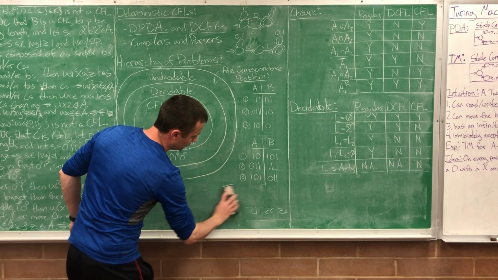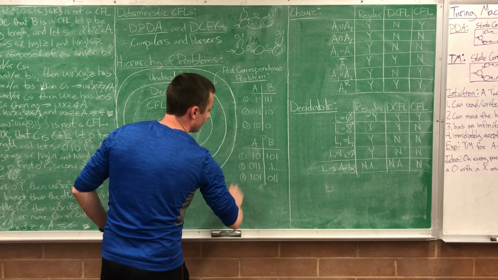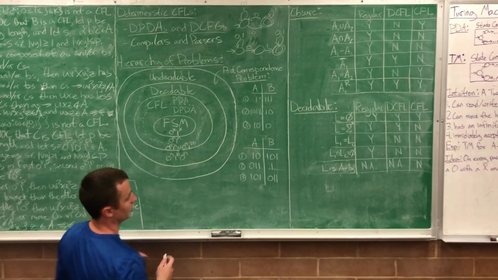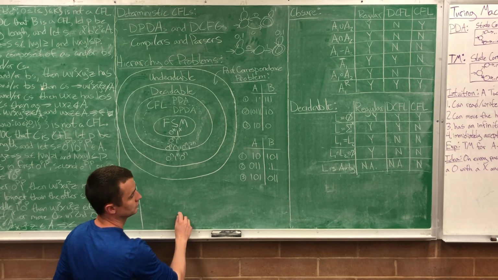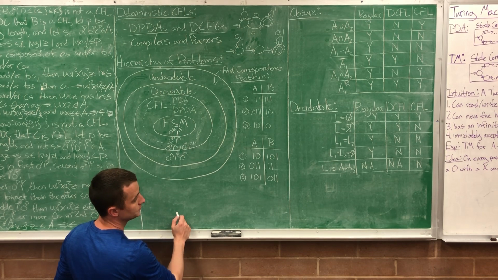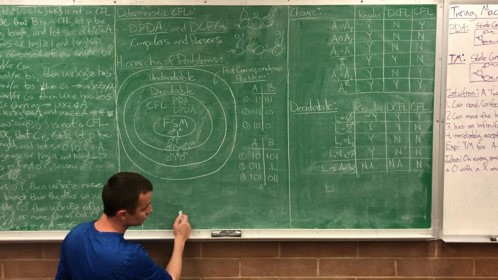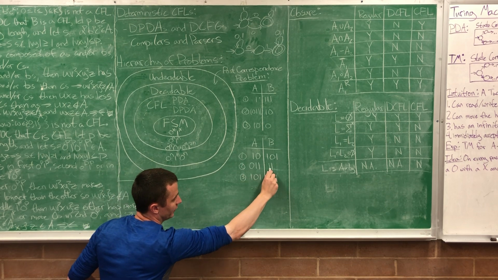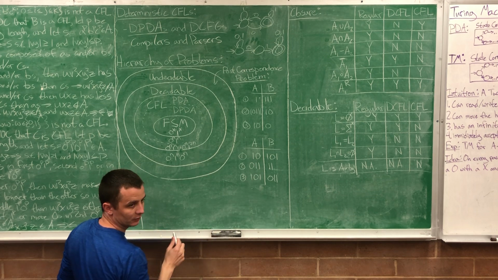So here's another example, and let's try it with this one. A's and B's, that time. What rule should we start with? Probably 1. Yeah, 1's the only one that makes sense to start with. If we start with 2, we already have a mismatch. If we start with 3, we already have a mismatch.